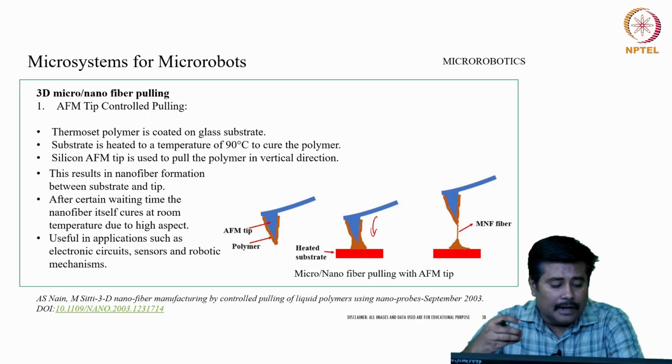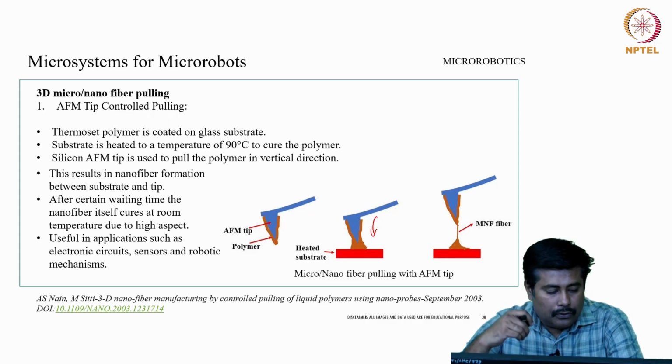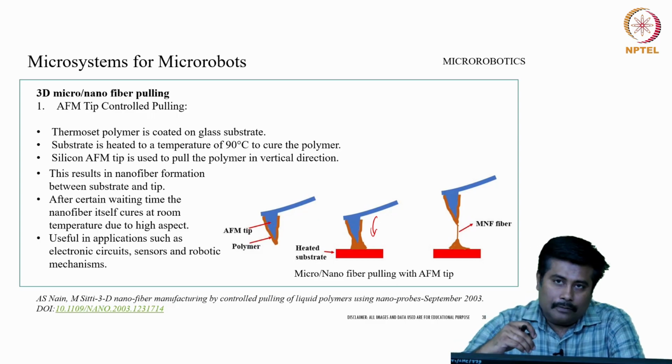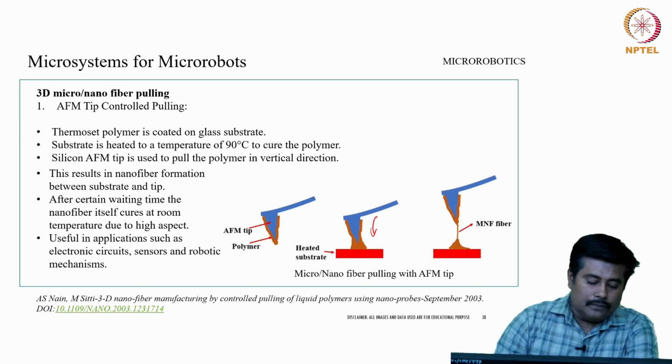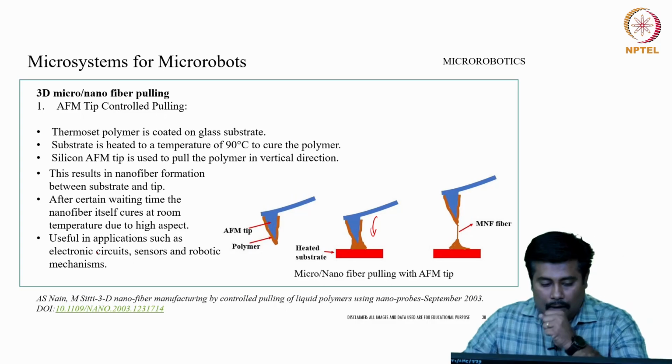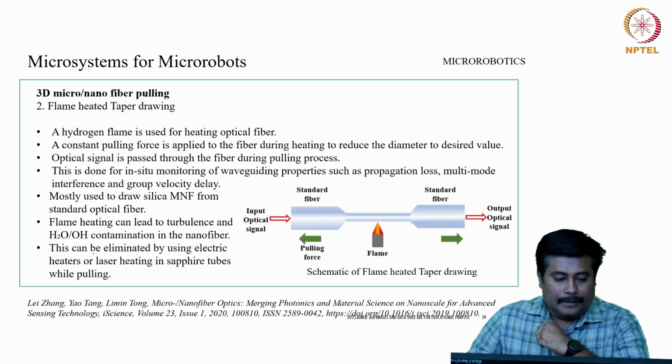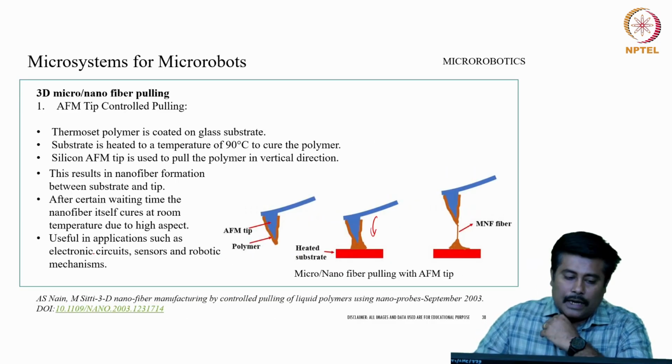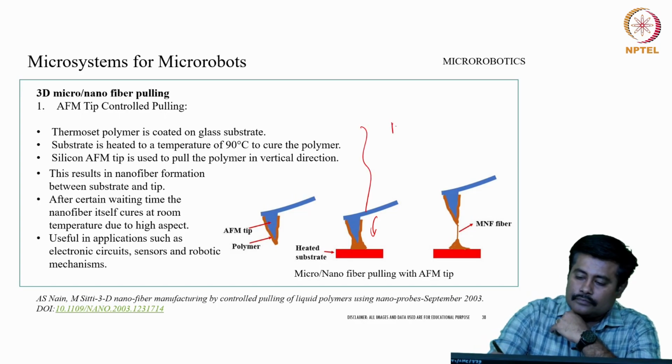After a certain waiting time, the nanofiber itself cures at room temperature due to its high aspect ratio. From an application point of view, it is highly used for electronic circuits, sensors, as well as robotic mechanisms. So, this is a concept where AFM is used.